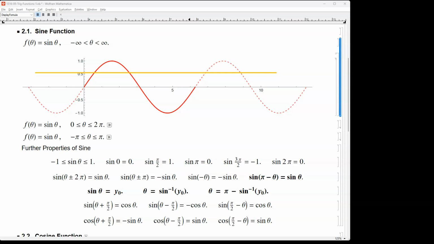So what is this? y equals to y naught, a horizontal line. And then right here we have theta naught, or this one right here. Alright? And here, pi minus of that.